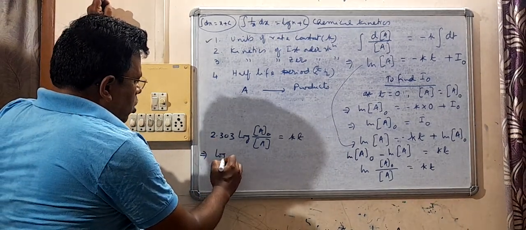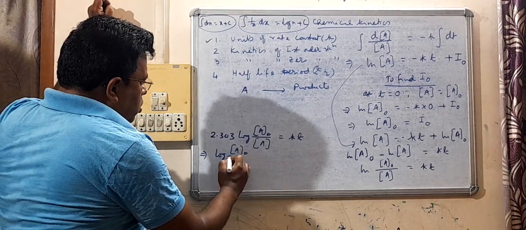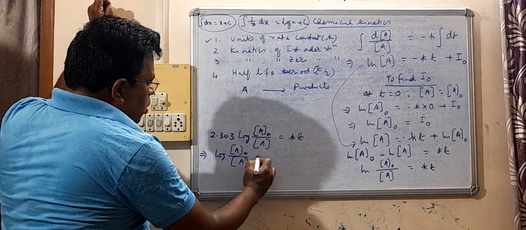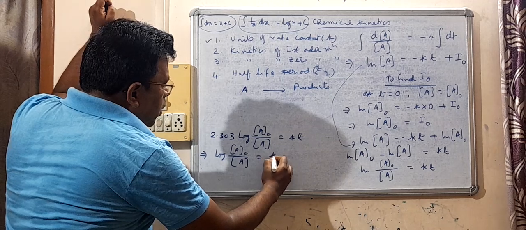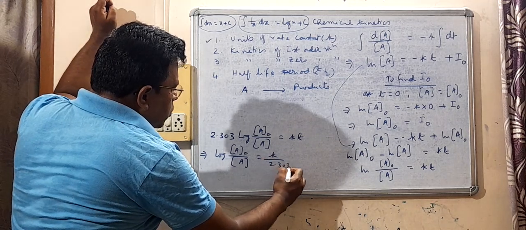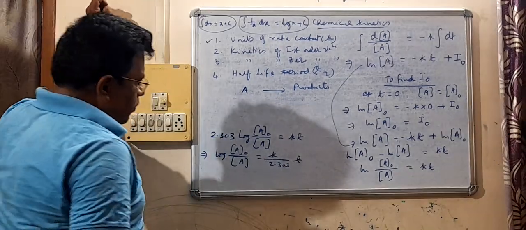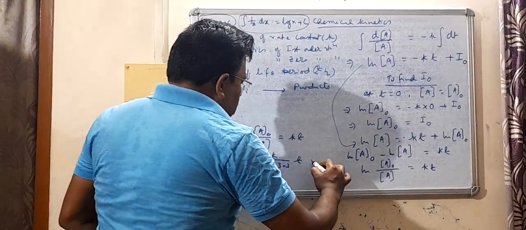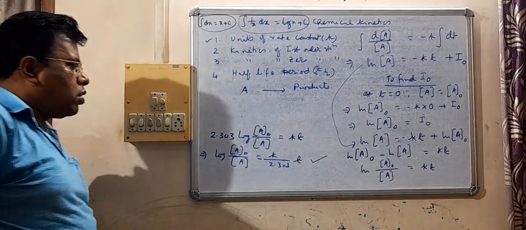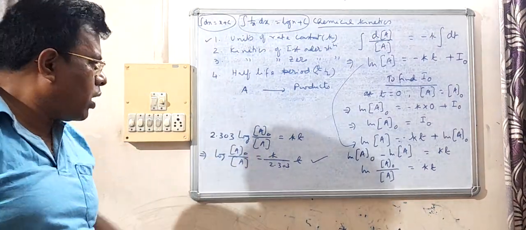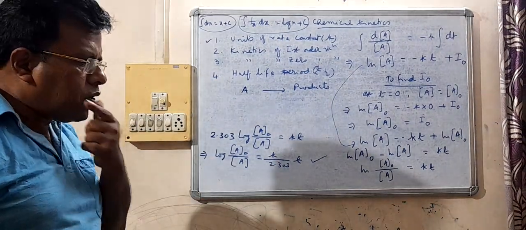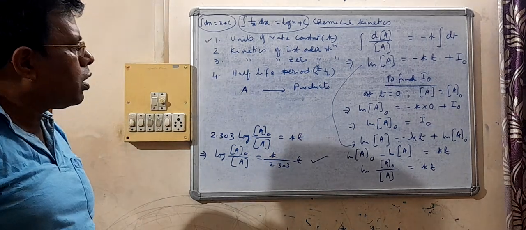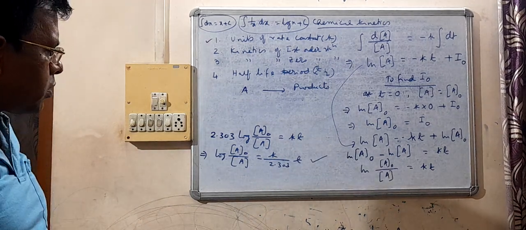Or log A naught by A is equal to k by 2.303 t. So you need to remember this form of the equation, which is the equation for first order reaction. This may be useful in solving numericals on first order kinetics.